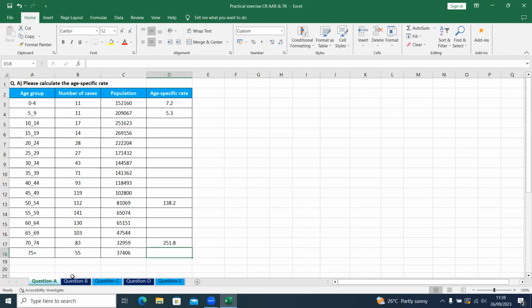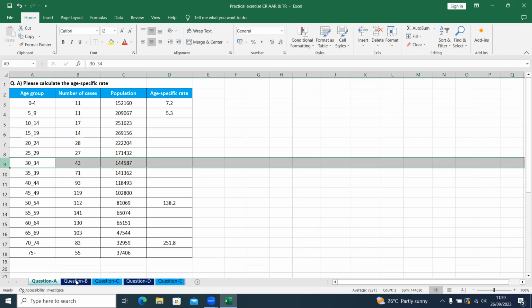I hope all are doing with me. We will do one more here for the age group 30 to 34. Please calculate the age specific rate for 30 to 34.